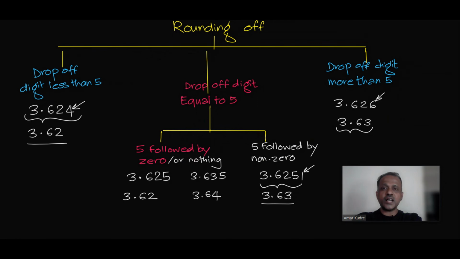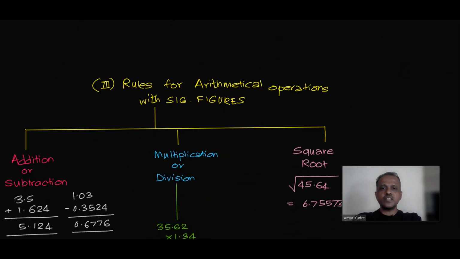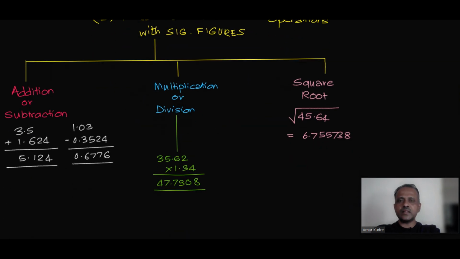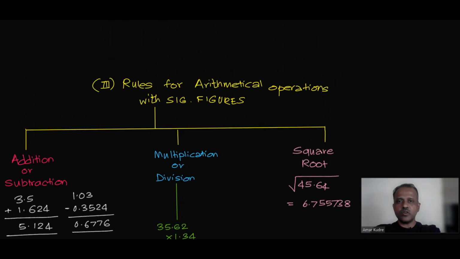Now coming to the last part of the section, which is the rules for arithmetical operations for significant figures. What exactly are arithmetical operations? They are the operations of addition, subtraction, multiplication, division or square root. We will divide these operations into three parts and study them. First we will consider the operations for addition or subtraction.